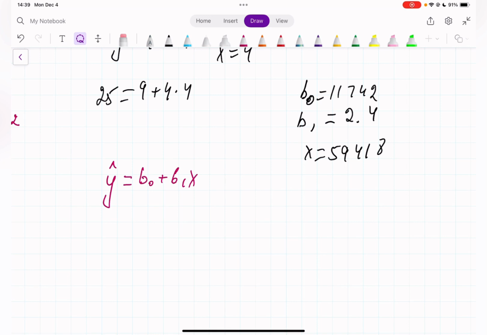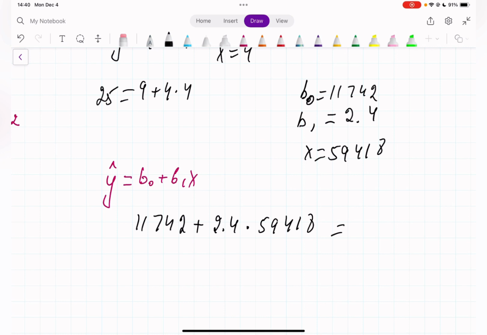So we are getting B0, 11,742 plus 2.4 times 59,418, because it's instead of X. And we are getting, let me see, 2.4 times 59,418.